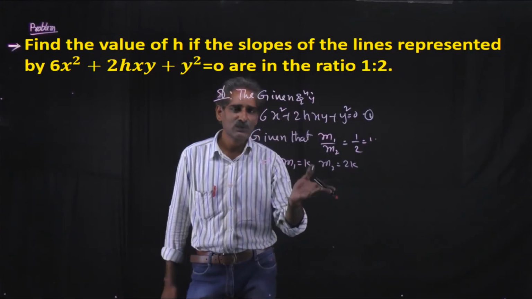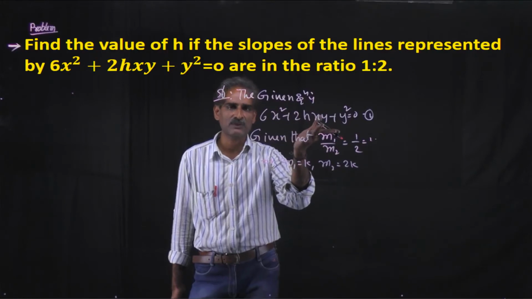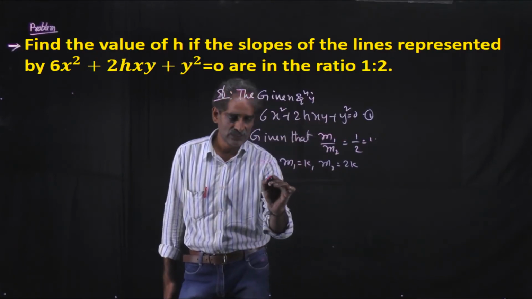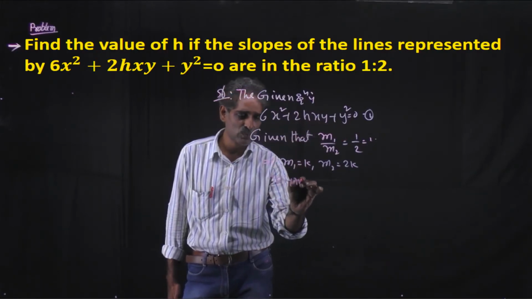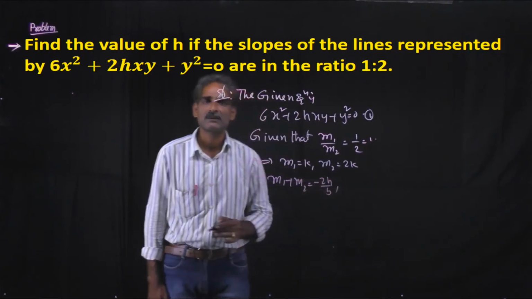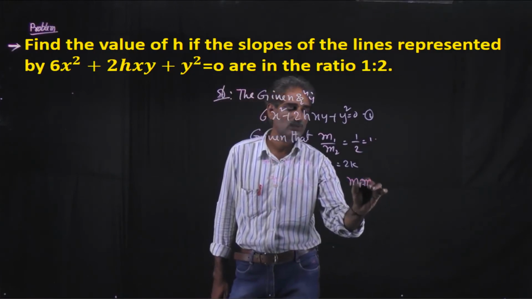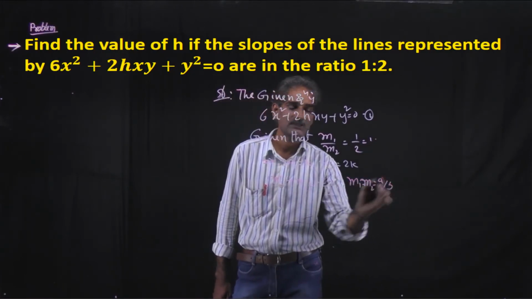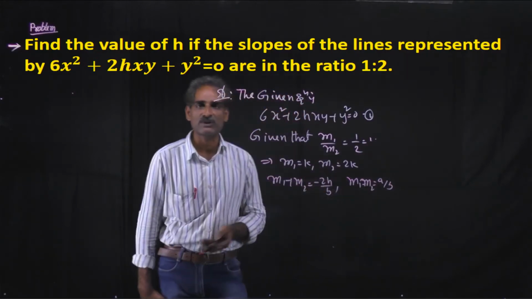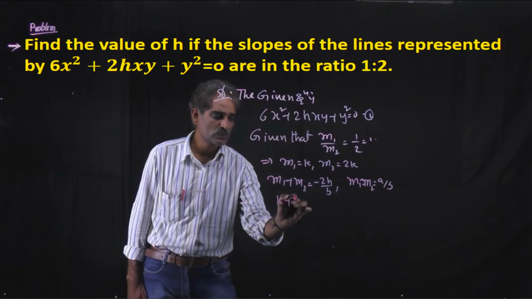Okay. Now we know the relation between m1 plus m2 and the coefficients of x square, xy, y square. So we know that m1 plus m2 is equal to minus 2h by b and m1 m2 is equal to a by b. Just substitute in these two equations m1 is equal to k, m2 is equal to 2k.